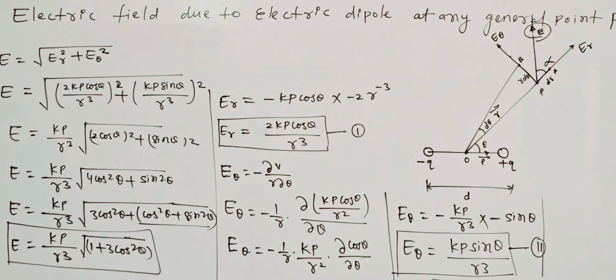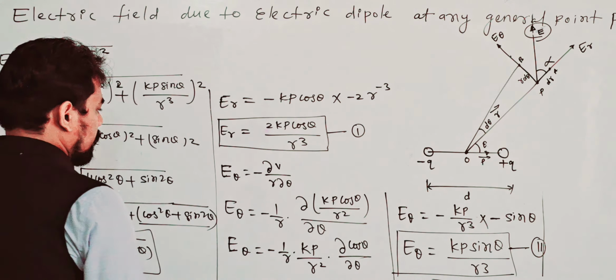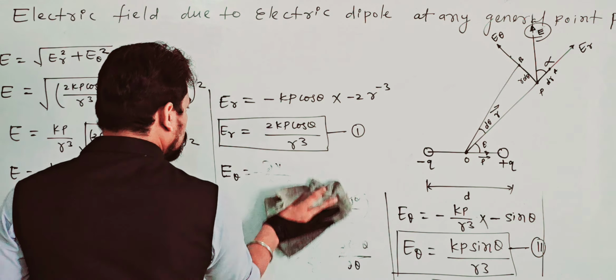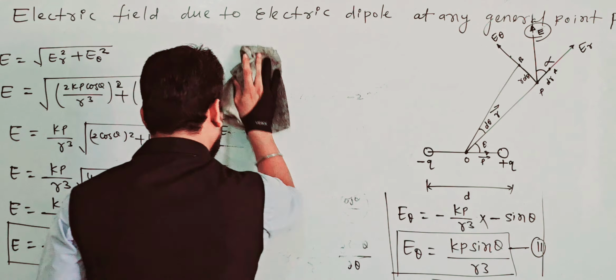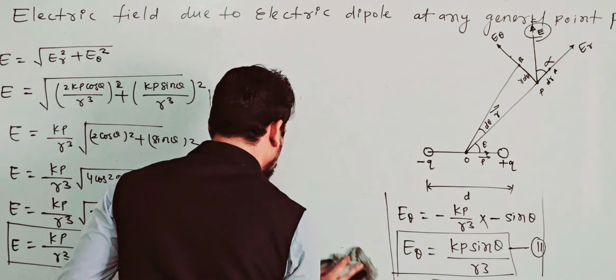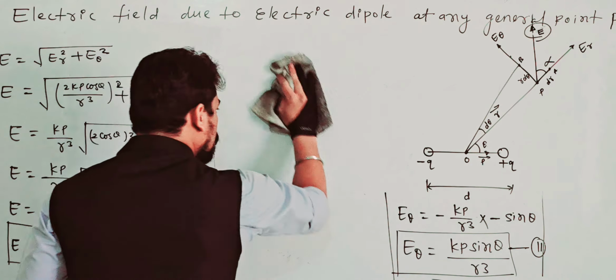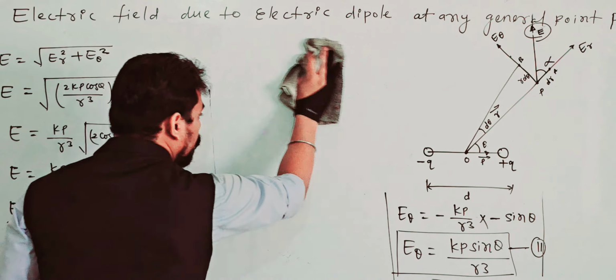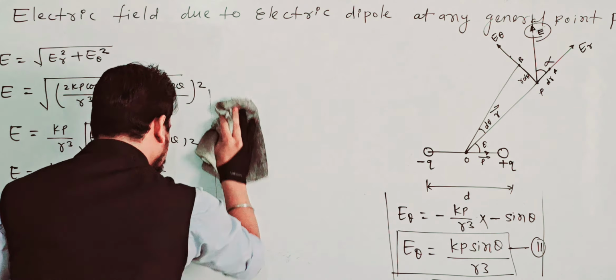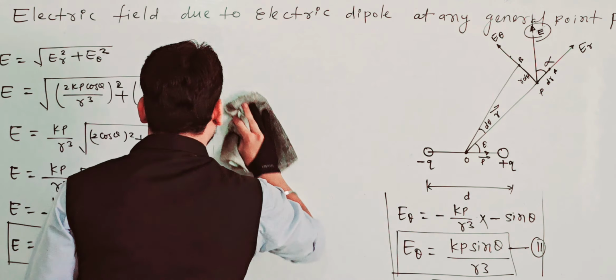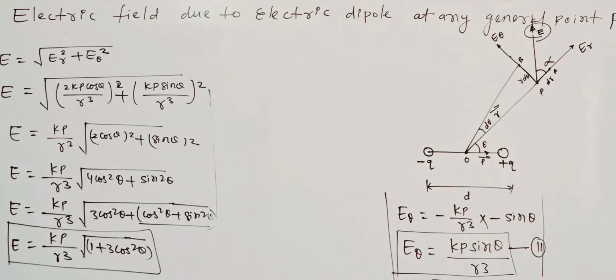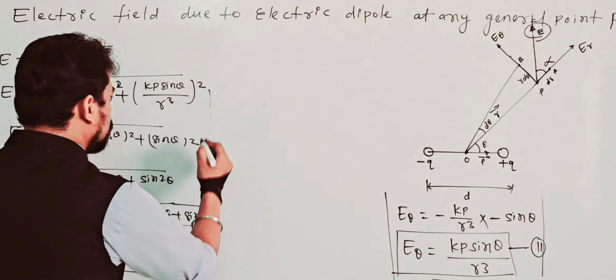So this is the electric field at any general point due to a dipole. What is r? r is the position vector from the center of the dipole to the point.